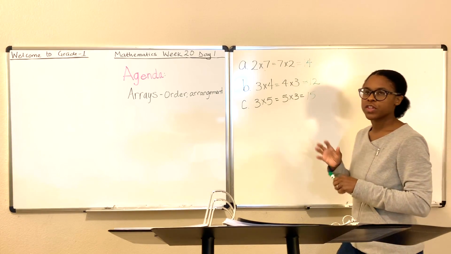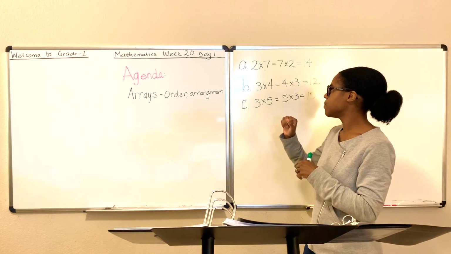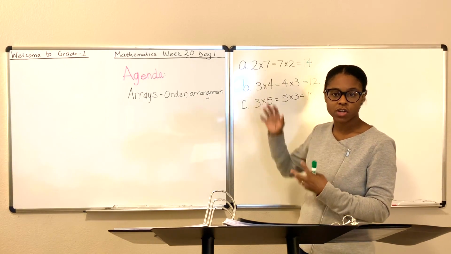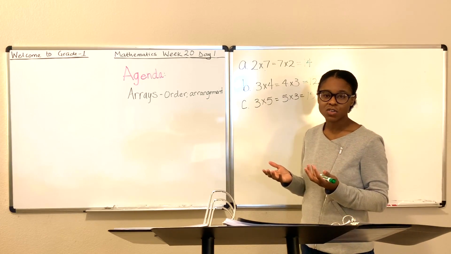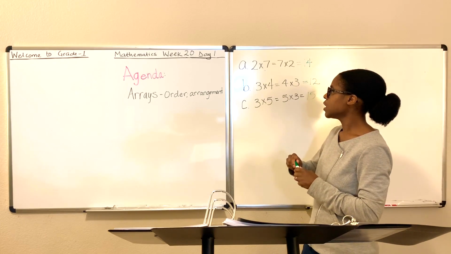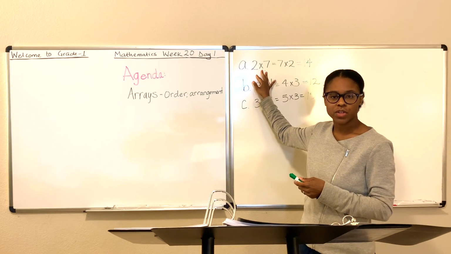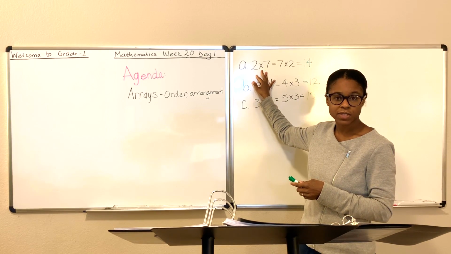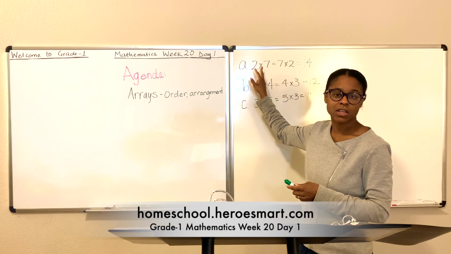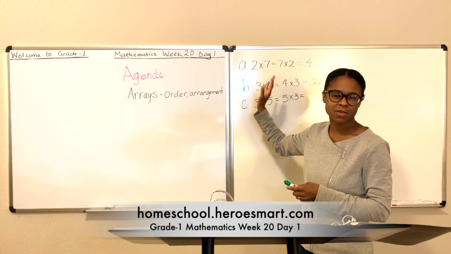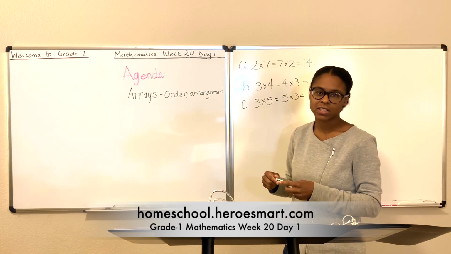So the takeaway from this lesson is whenever you're working on your multiplication in your own spare time or through your workbook or just in your own everyday experiences, just know that when you are multiplying 2 numbers together, which number comes first doesn't impact the final answer.